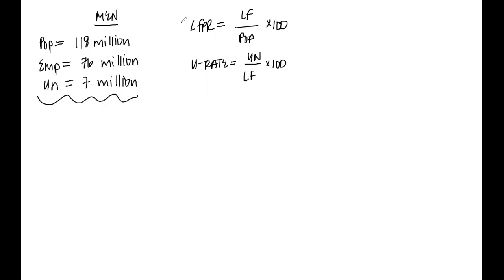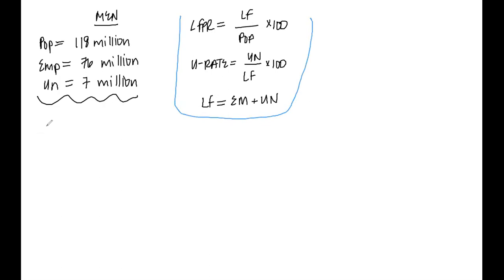For the participation rate equation, we need the labor force, which is not given. But we know how to solve for it with the equation from the table: labor force equals employed plus unemployed. With these equations, we can solve all of these.